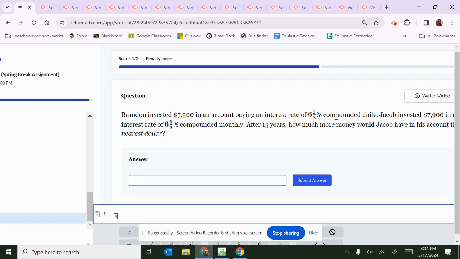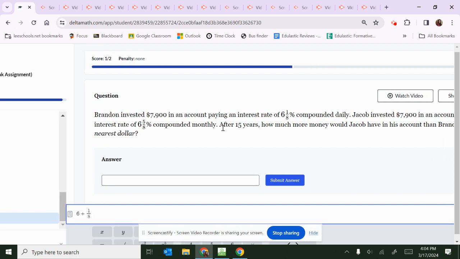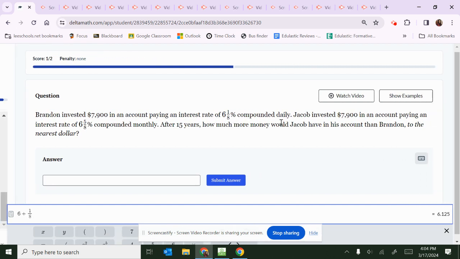All right. So now let's find our N. It says you are compounded daily, and we're looking at the amount of money we'll have in the account after 15 years. So we need to find how many dailies I can get in a year. There are about 365 days in a year.